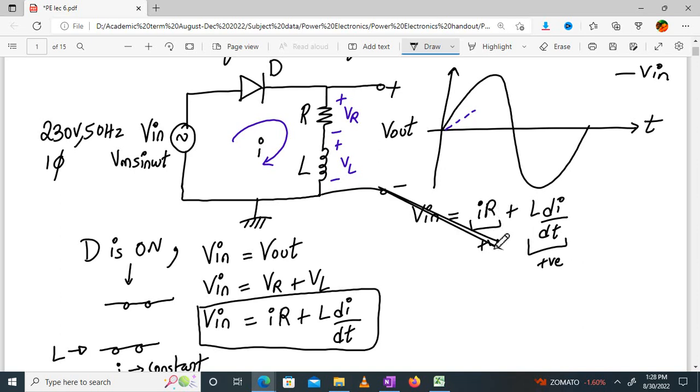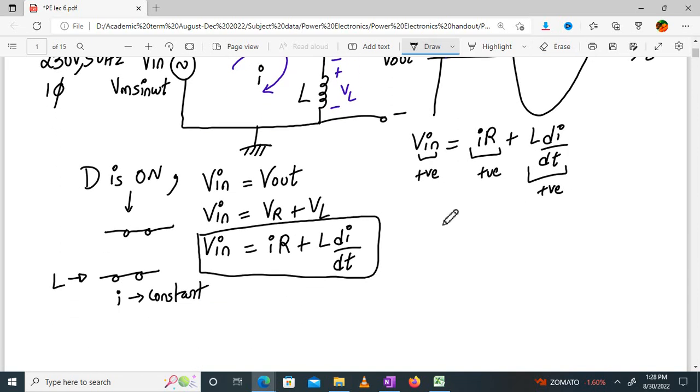This also is positive. This is positive and Vin is also in the positive half cycle. So far so good. Now see what I am doing over here. I can rewrite this expression as Vin minus IR is equal to L di by dt. Agree?